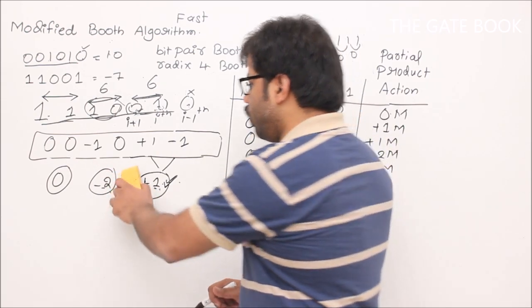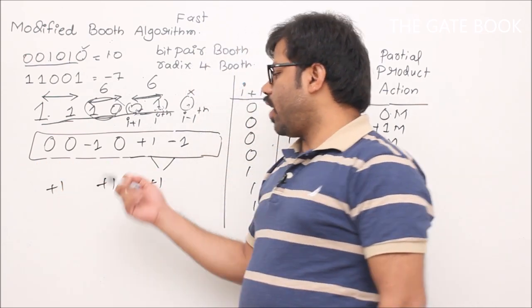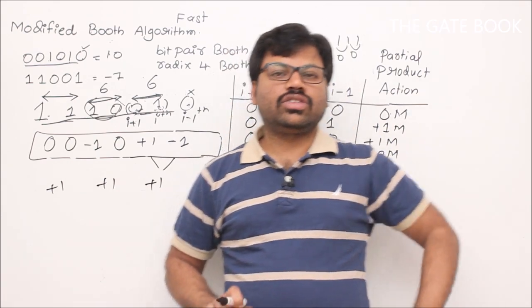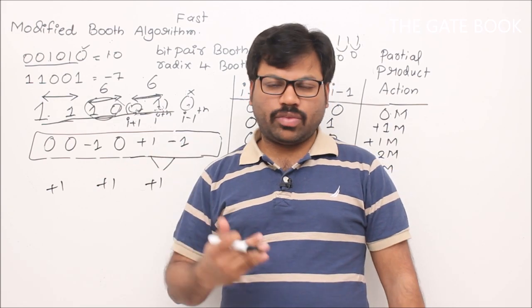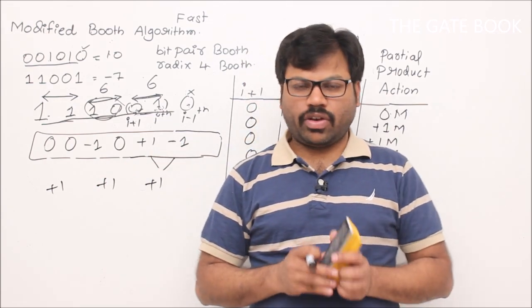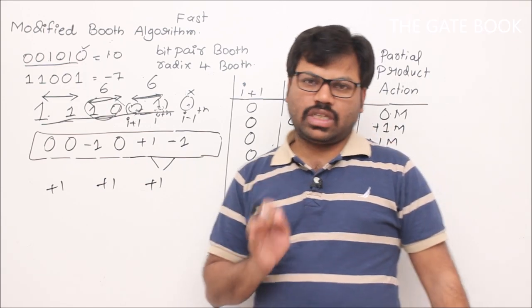Even if the pattern is plus 1, plus 1, plus 1, the number of additions is only 3. So finally the number of operations is reduced. That's why it is a faster algorithm than your Booth algorithm. Remember this stuff; it is more than sufficient. Whatever I taught, you just remember it.